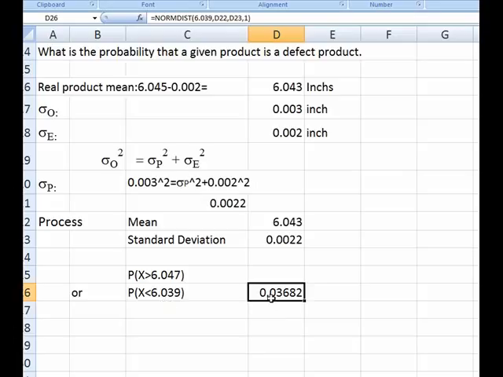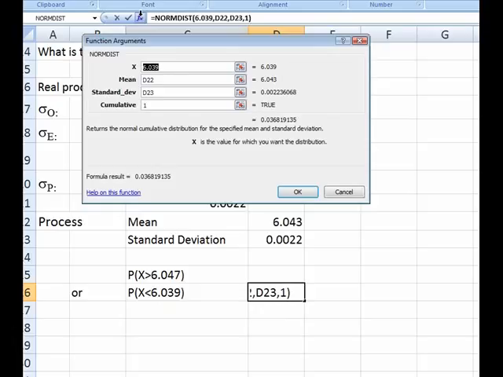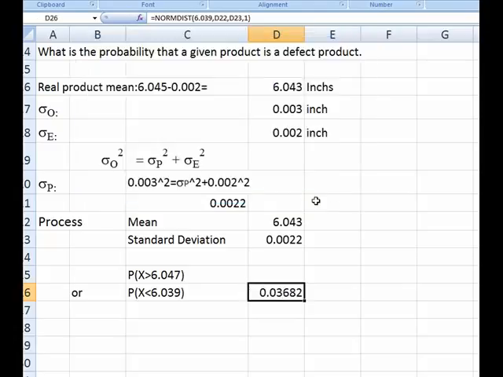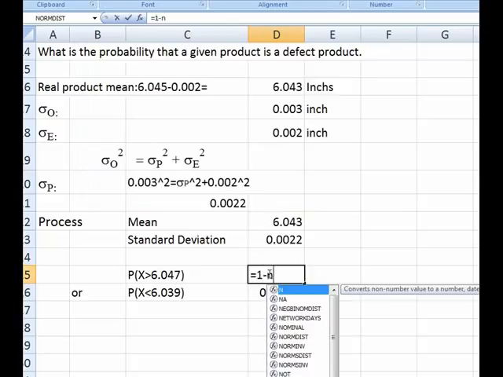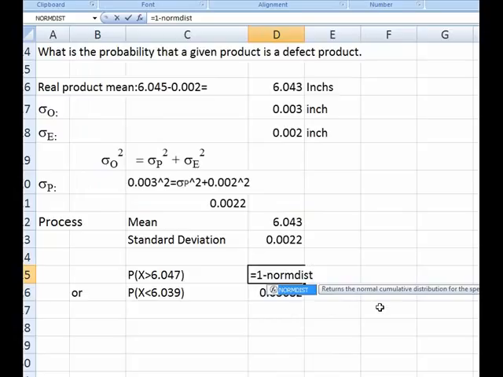Because the normal distribution function only returns the cumulative distribution for a specific mean and standard deviation, x is the value for which you want the distribution, so it's only for x smaller than 6.039. If you want to know the probability of x greater than 6.047, we need to use 1 subtract this normal distribution.